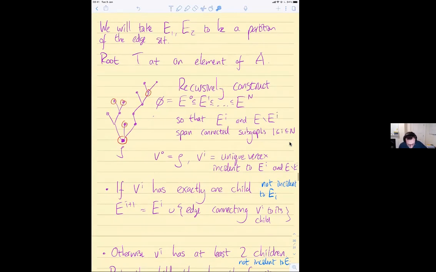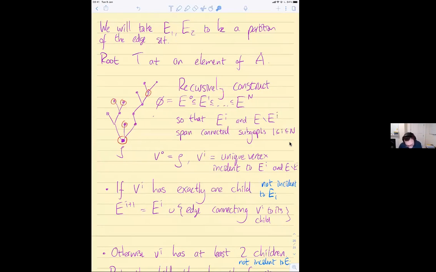Okay. And then what we'll do is recursively construct a sequence of edge sets where we start with the empty set, and then at each intermediate step, between the first one where it's empty and the last one where it's going to be the whole edge set, we're going to have a strict subset E_i, which has the property that both E_i and its complement span connected subgraphs of the tree. Okay.